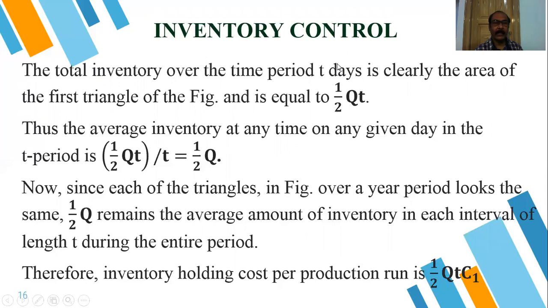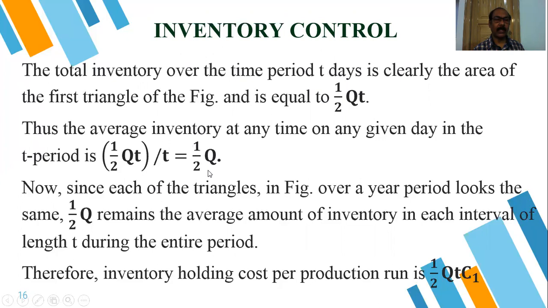That much inventory is there. Thus, the average inventory at any time on any given day in the period T is half QT divided by T, which is half Q. That is our average inventory.